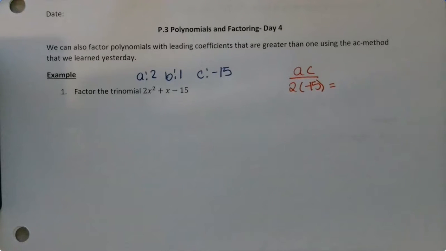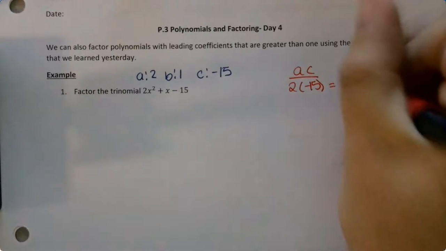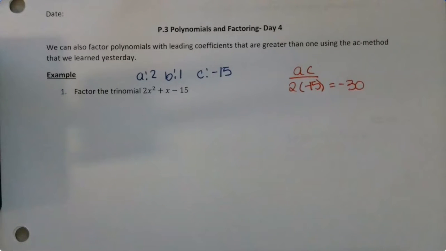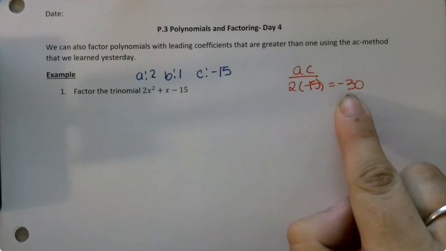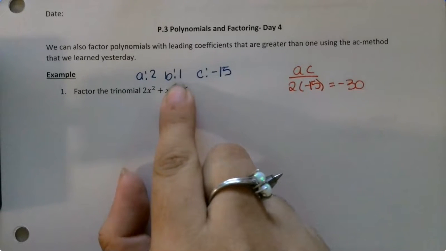I'm just writing below it, A times C. So 2 times negative 15 is negative 30. So what I want to do is I want to look for what multiplies to negative 30 and adds up to my B value of 1.